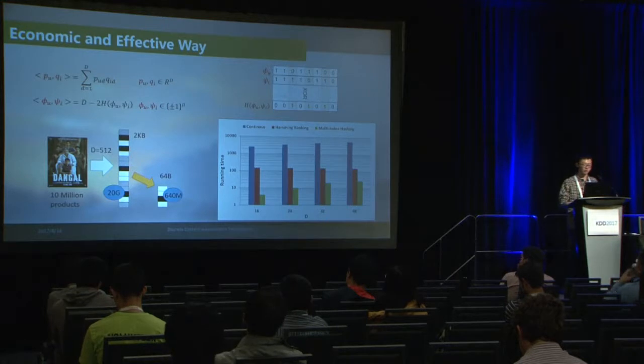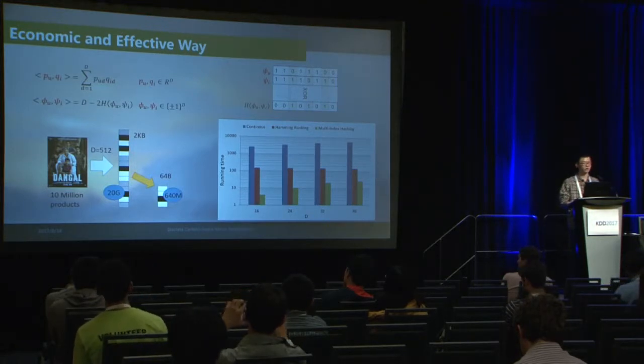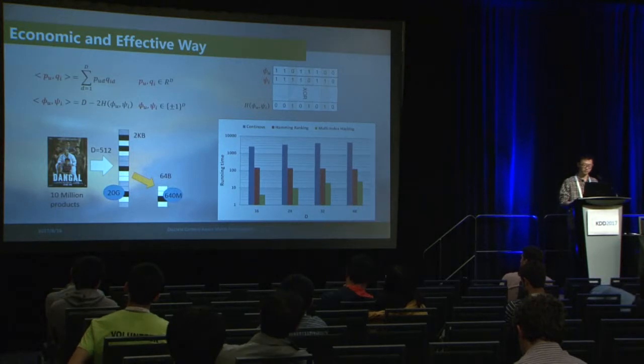When using binary codes representing users and items, we can save memory consumption significantly. For example, 10 million products would occupy around 20 GB space when using continuous latent vectors, while representing them in binary codes, only 640 MB space is needed.